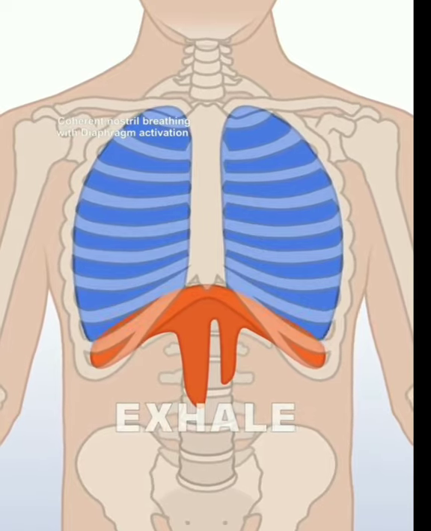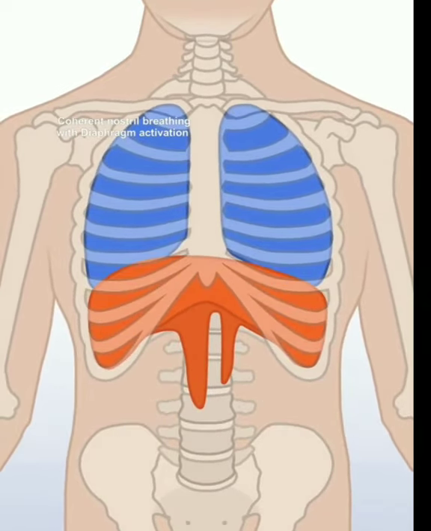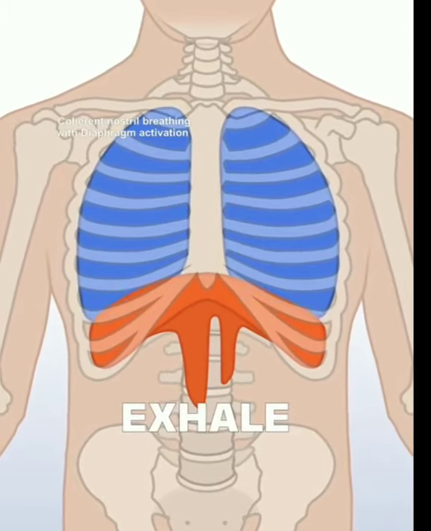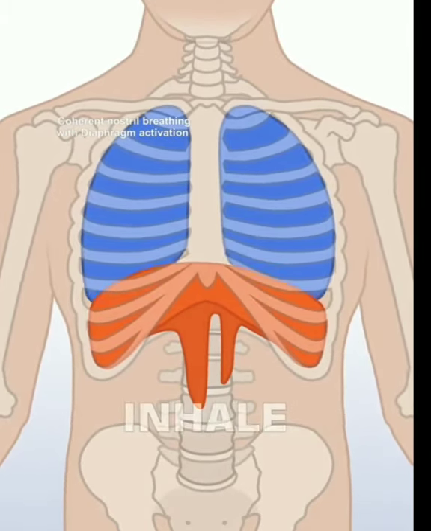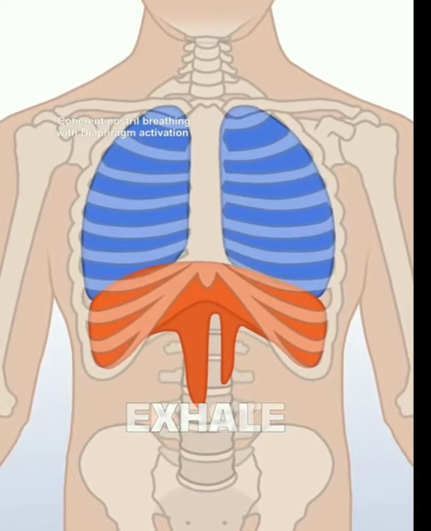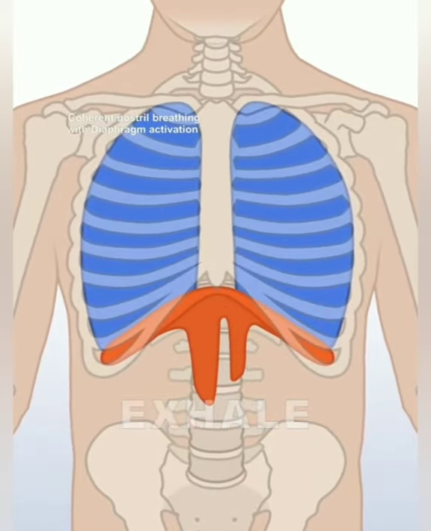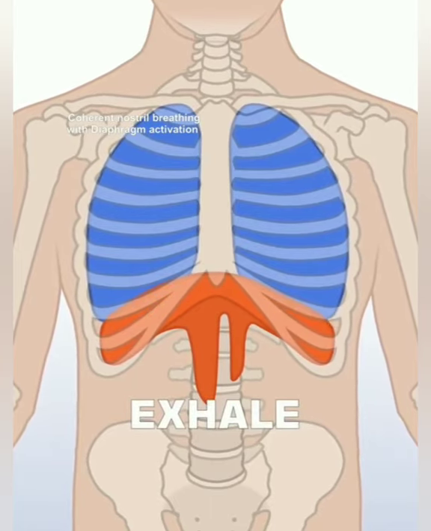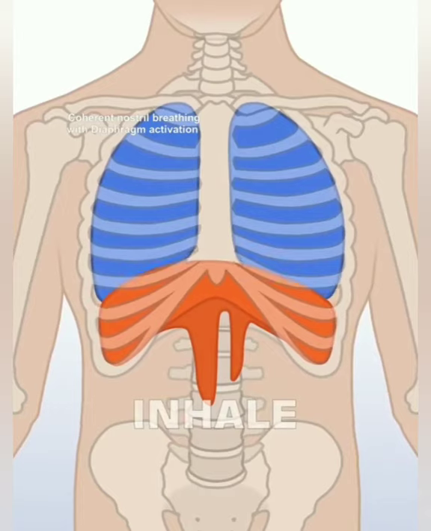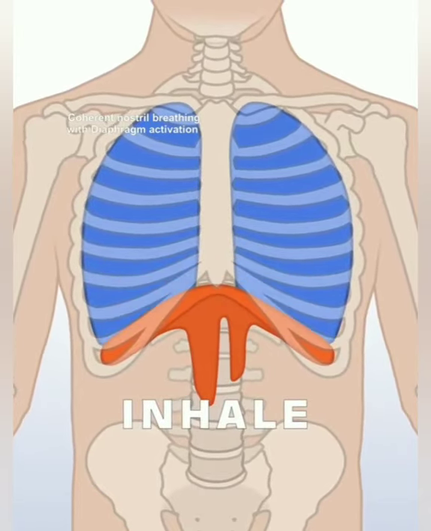When we inhale, the rib cage moves upward and outward. The diaphragm moves downwards and flattens, which increases the volume of the chest cavity. It gives more space to the air that enters our body. The expansion of the lungs results in oxygen-rich air rushing into the lungs through the nostrils.